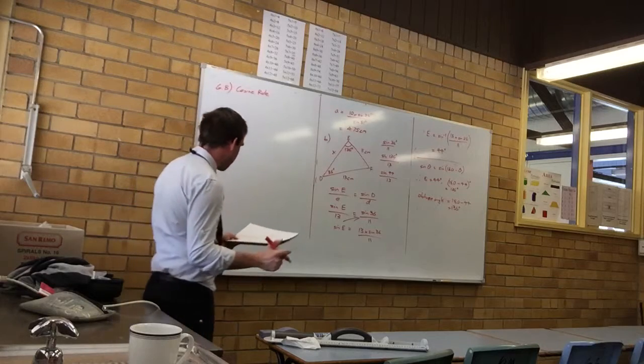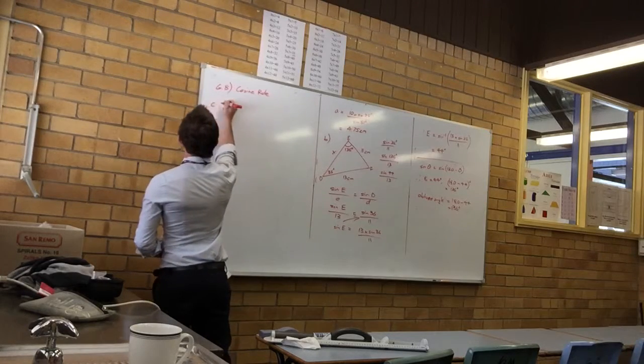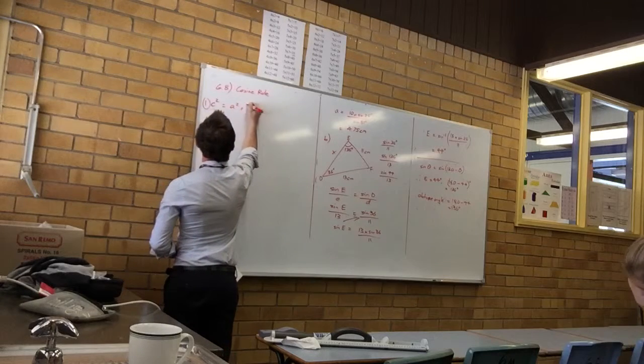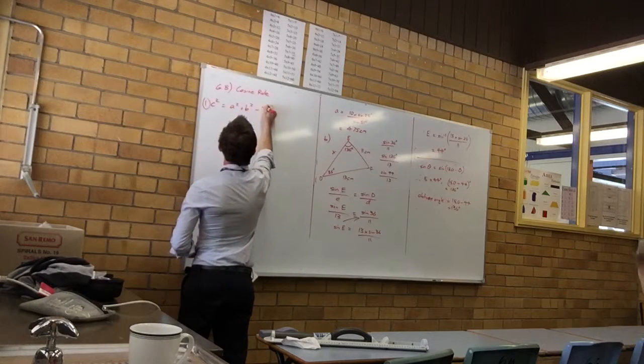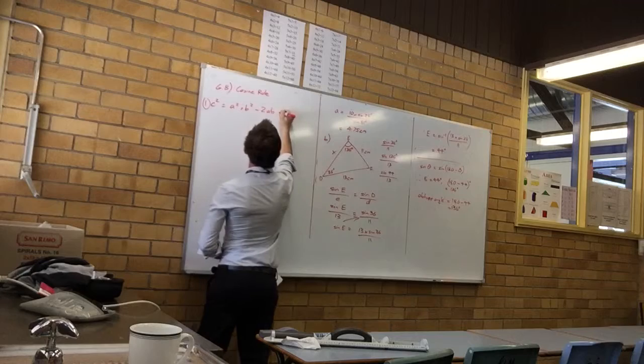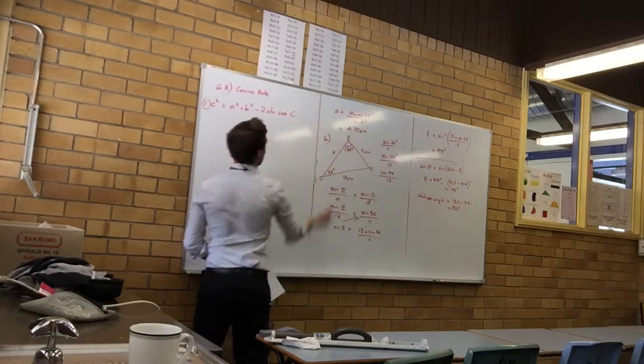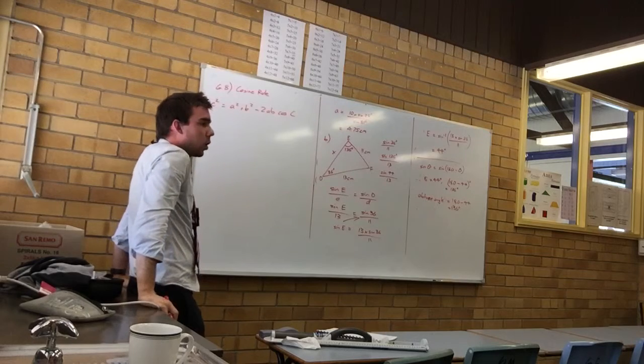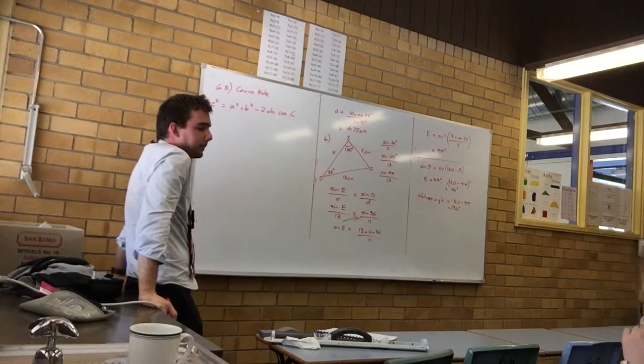So, in any triangle ABC, we have the following formulas. So number 1, c squared equals a squared plus b squared, take away 2 times a times b times cos of c.